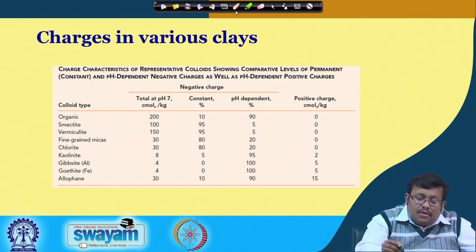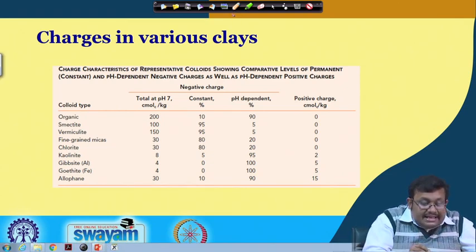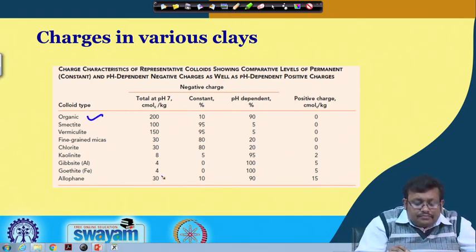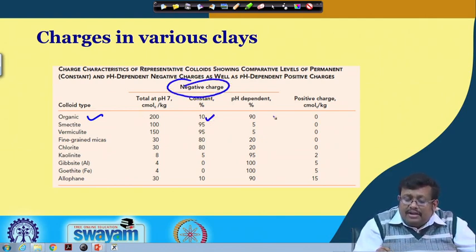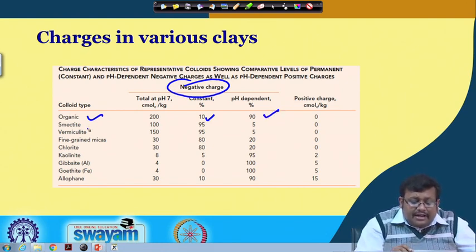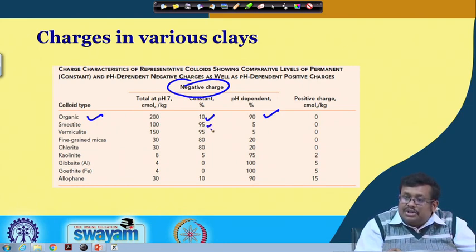You can see one thing, that in case of organic matter, the constant charge is the percentage of negative charge in the total negative charge. The percentage of constant charge is only 10%. However, the pH dependent charge is 90%. In case of smectite, the constant charge is 95% because of isomorphous substitution.